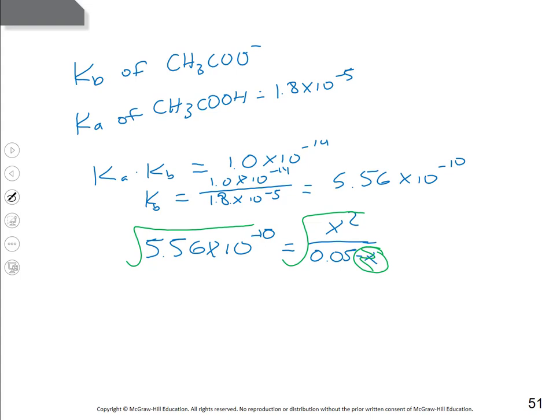So square root of 5.56 times 10 to the negative 10 is 2.36 times 10 to the negative fifth, which is equal to square root of x squared, just x, over square root of 0.05, 0.224.